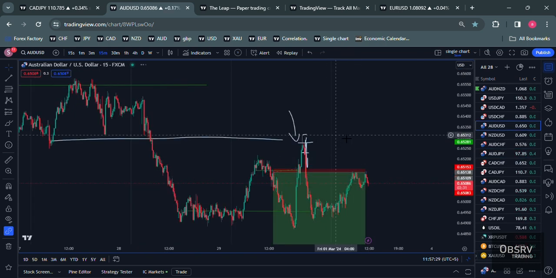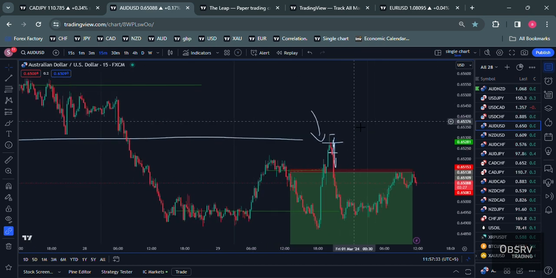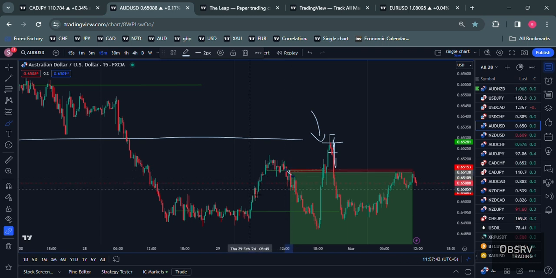But what I want to show you guys here on Australian dollar, basically, the reason why I'm making this video is because I want to show you how Australian dollar at this point when I took the trade was behaving exactly the same way on all the Australian dollar currency pairs.